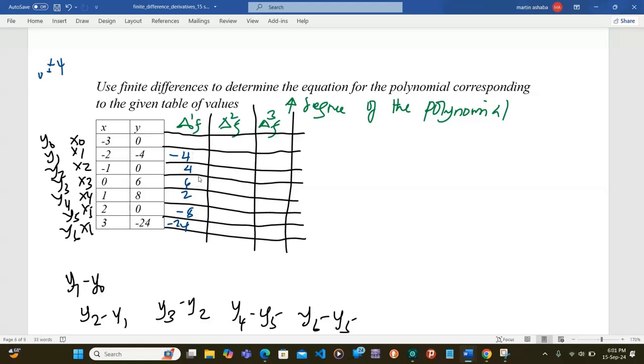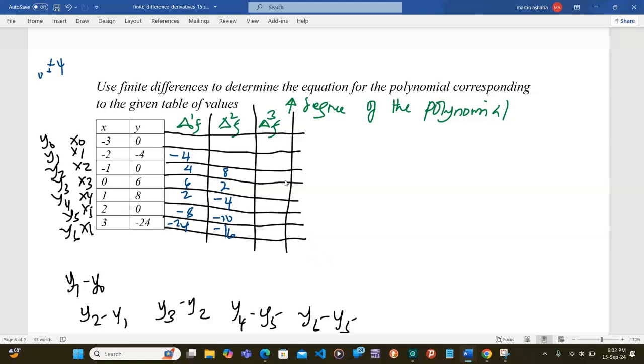So the next one will be 4 minus -4, so this would give you 8. 6 minus 4, this would give you 2. 2 minus 6, this is -4. -8 minus 2, this is -10. -24 minus -8, this is -16.